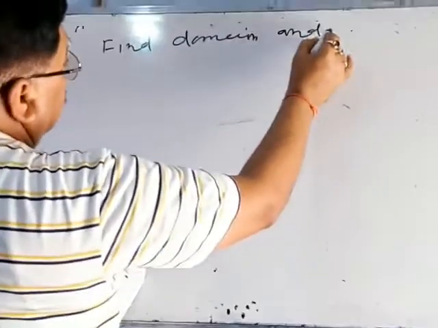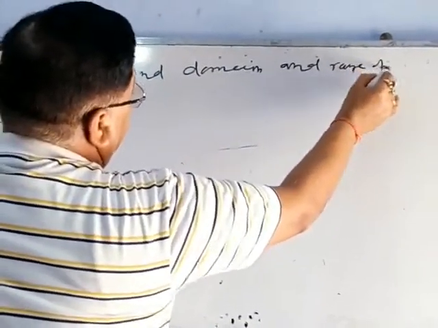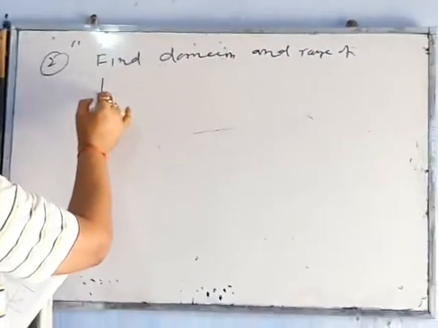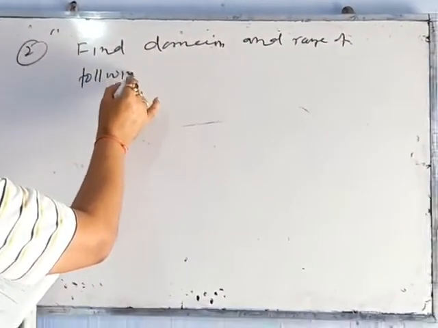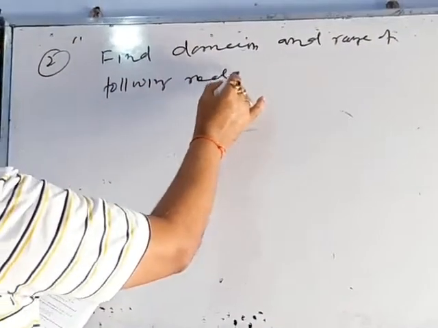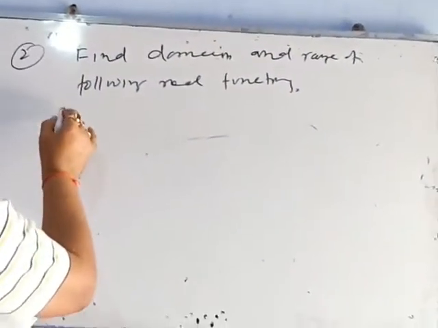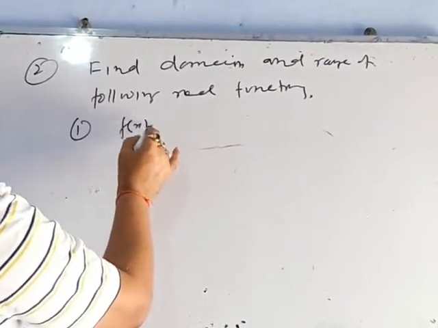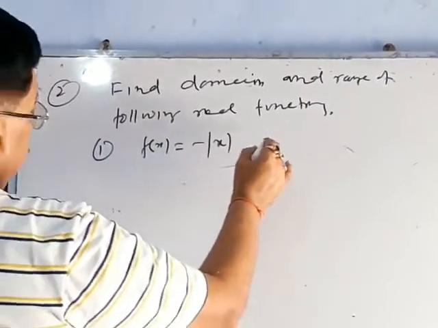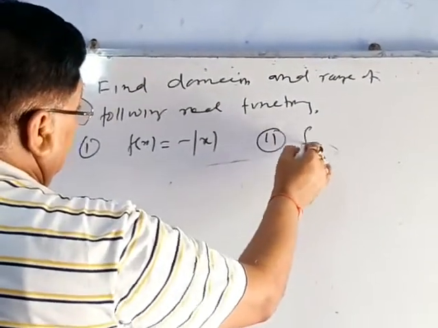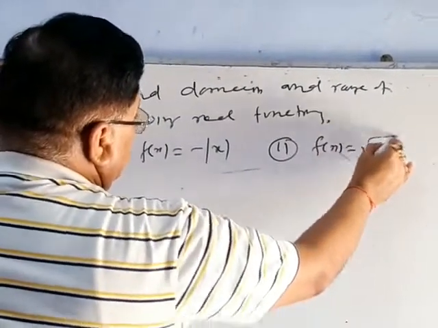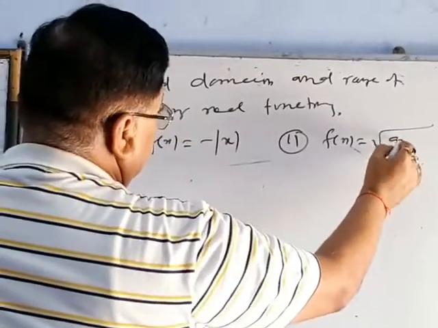Find the domain and range of the following real functions. Here, first f(x) = minus mod x, second f(x) = root over 9 minus x square.